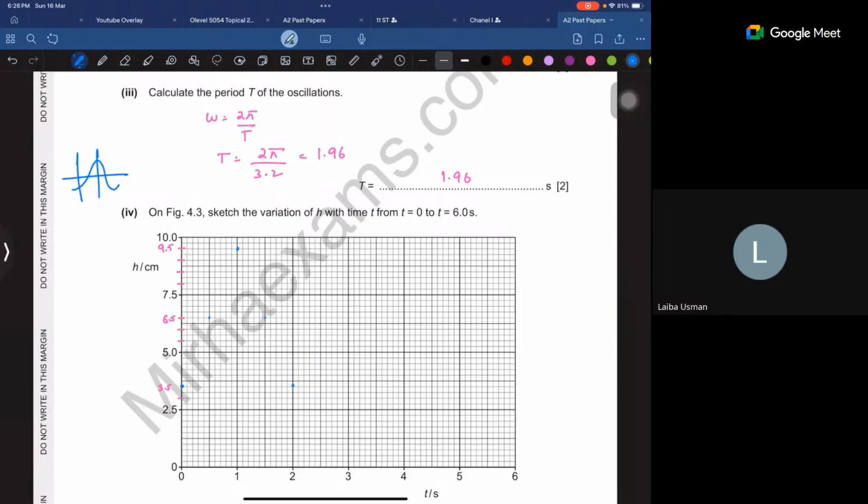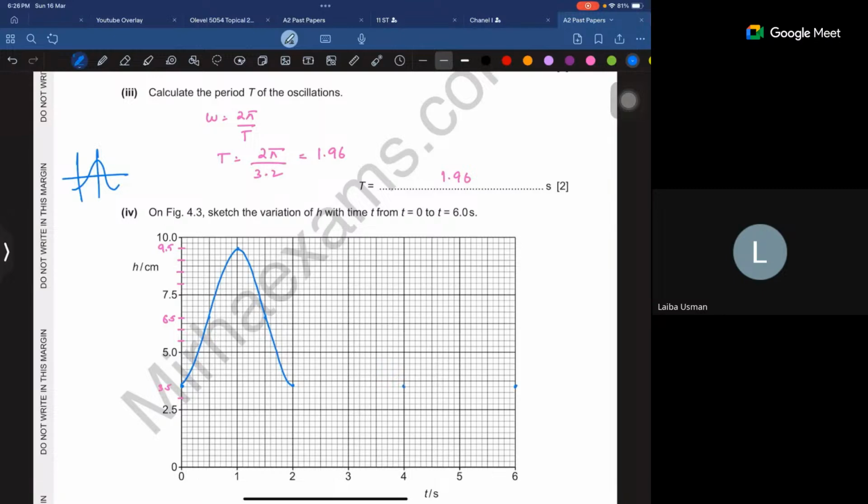So let's put it here. So like this and like that. That would be one wave. We have to make so many. Then 4 seconds, and then 6.